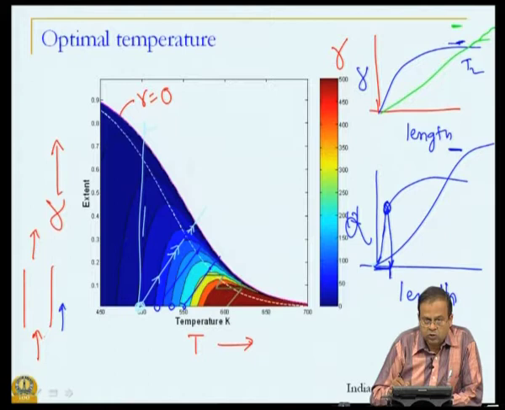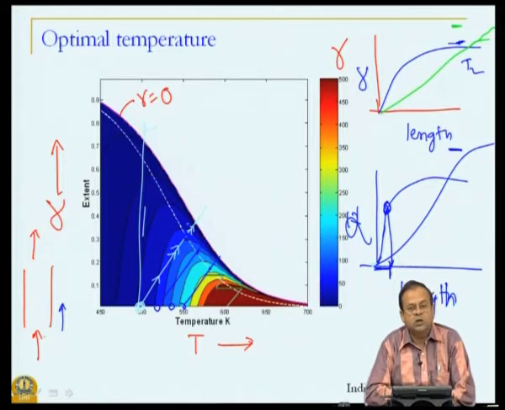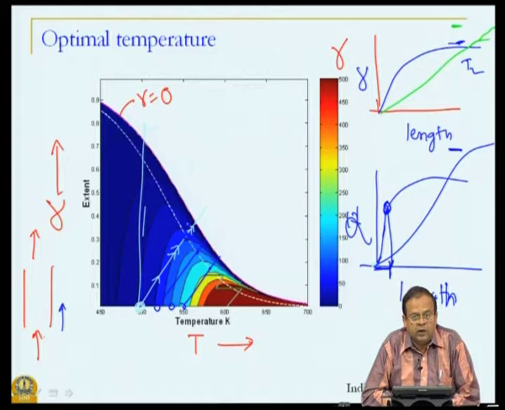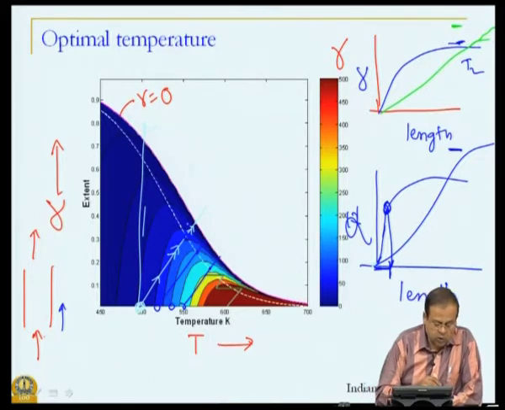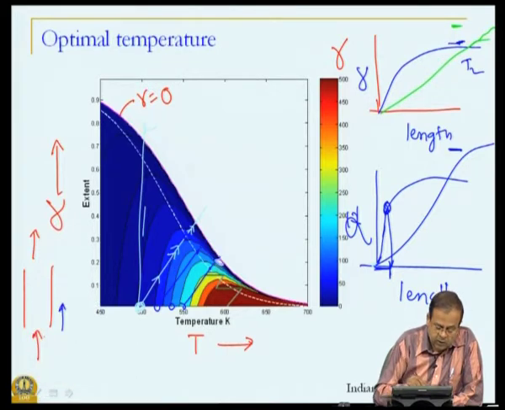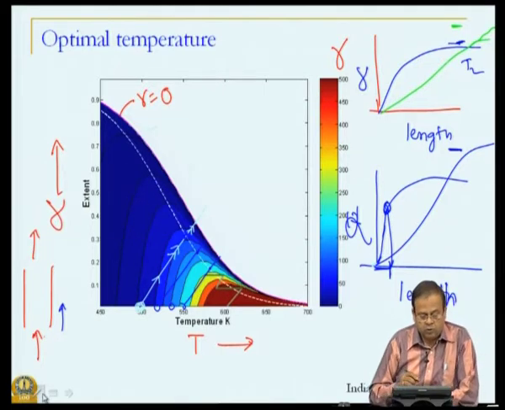If you have a reactor length which is higher than this, you are actually utilizing it in an inefficient manner, because the rate of reaction is lower. So, what should you do instead of that? This is what is precisely done in reactor design. Before we go to that, I also want to point out the following factor.